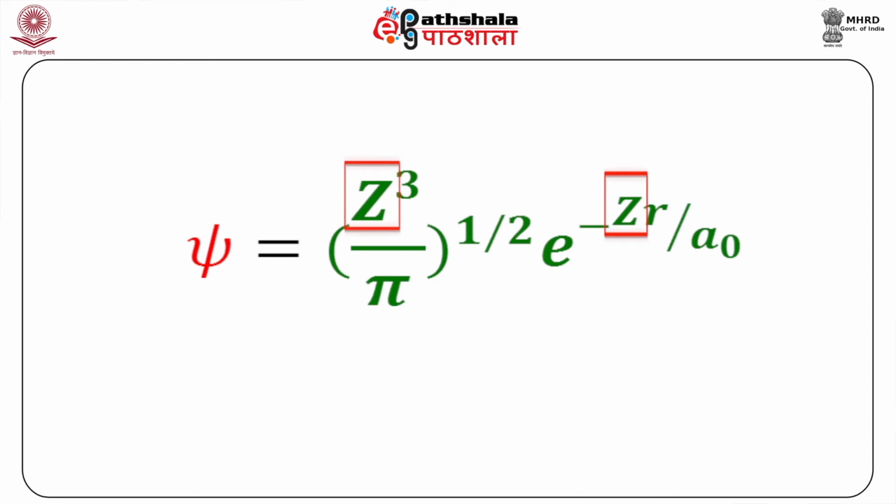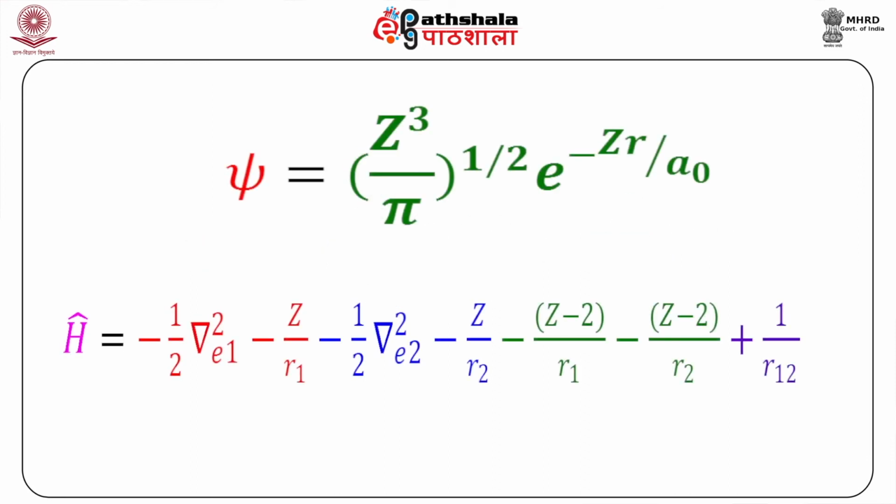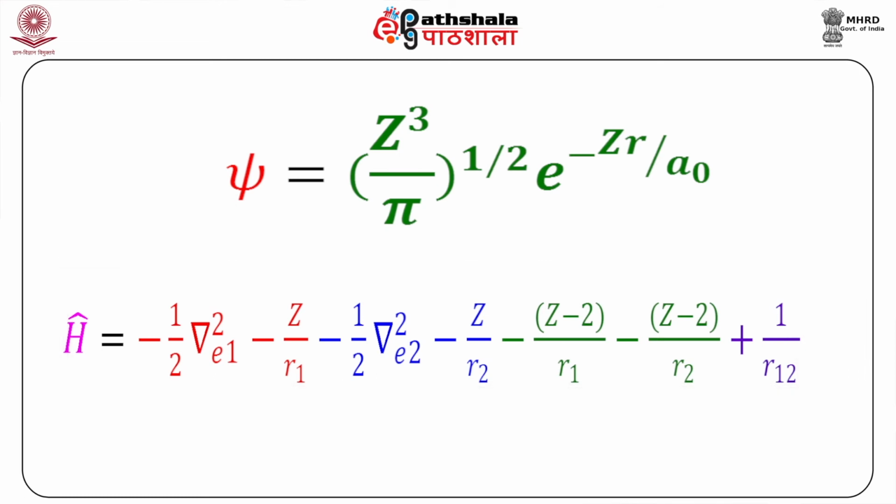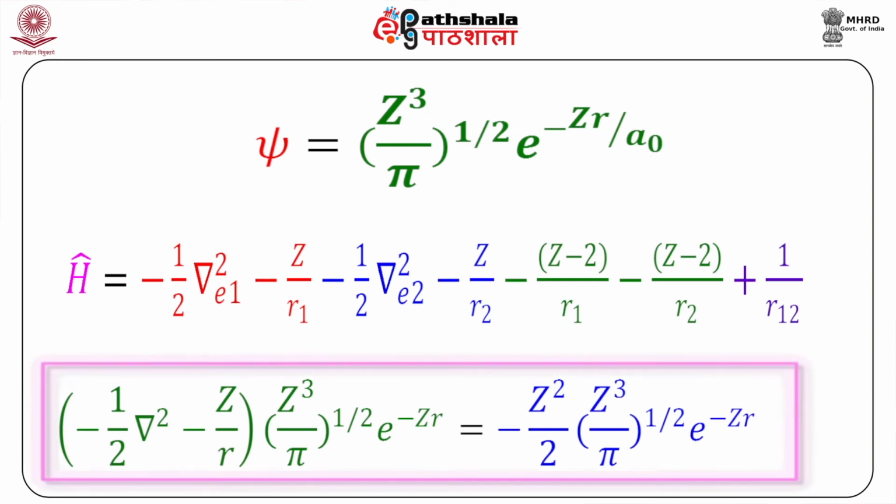With this, equation 11 gets simplified as given in equation 14, that is, Hamiltonian for helium atom becomes minus 1 by 2 delta E1 square minus z by r1, minus 1 by 2 delta E2 square minus z by r2, minus (z minus 2) by r1 minus (z minus 2) by r2 plus 1 by r12, where one electron Schrödinger equation H psi is equal to E psi can be written as in equation 15, that is, minus 1 by 2 delta square minus z by r into one electron wave function, that is, under root z cube by pi into e to the power minus zr, is equal to minus z square by 2 into under the root z cube by pi into e to the power minus zr.